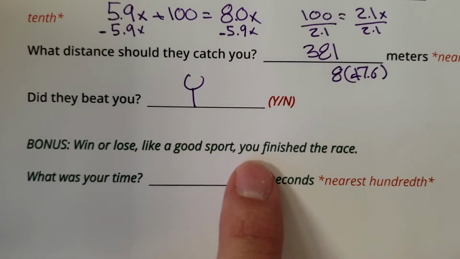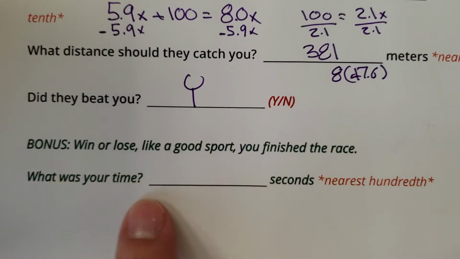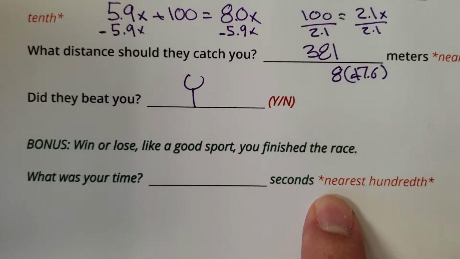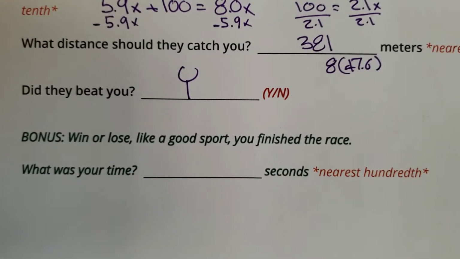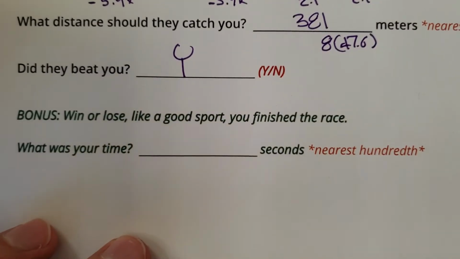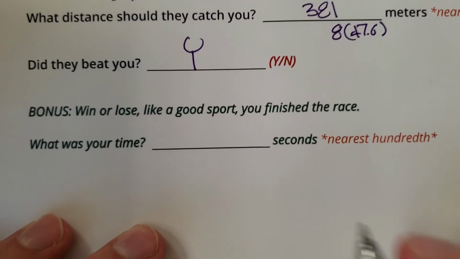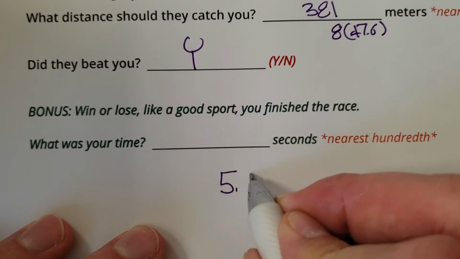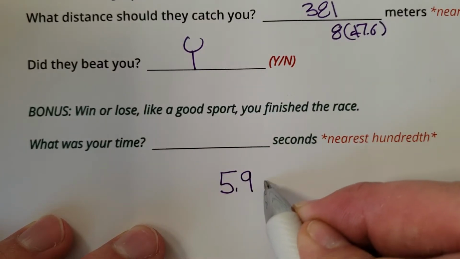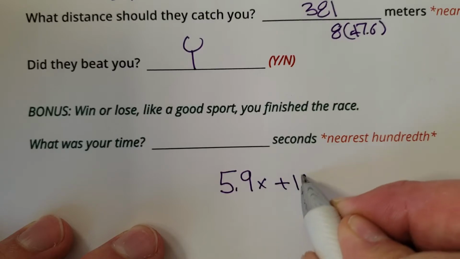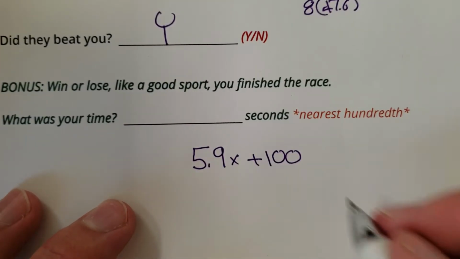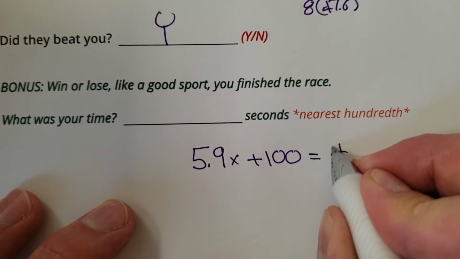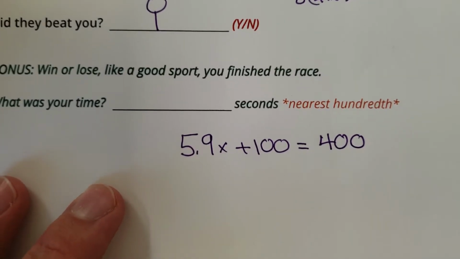Okay. Bonus, win or lose. Like a good sport, you finish the race. What was your time in seconds? So when did you actually finish the race? We got to go all the way back to the original. When does you, the student, who runs 5.9 meters per second and gets a 100-meter head start, actually reach the 400-meter mark?